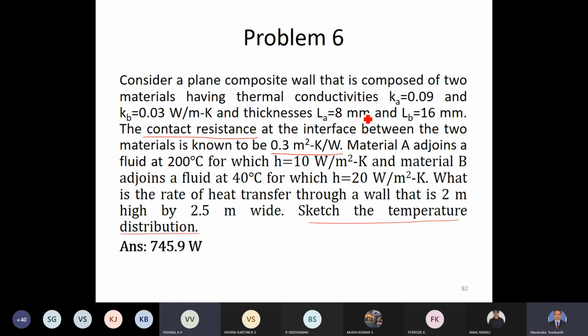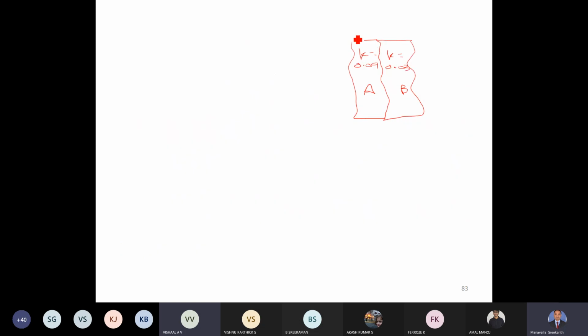And the thickness is also given. Thickness of slab A is 8 millimeters and slab B is 16 millimeters. So this is 8 millimeters and this is 16 millimeters.